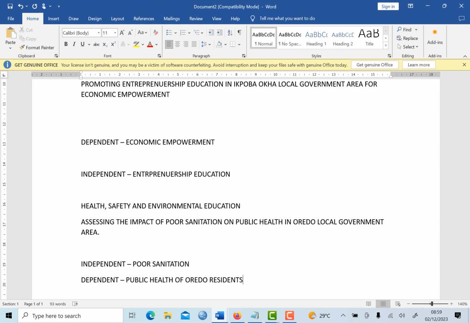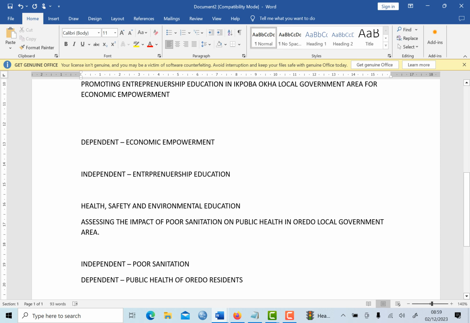And you can also check online on Google and develop a professional background of the study. Mind you, if you want to develop this background of the study, what you need to first of all focus on, let's work with this: assessing the impact of poor sanitation on public health in Oredo local government area.